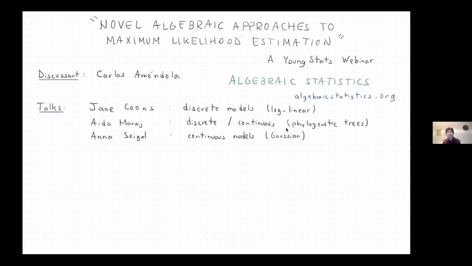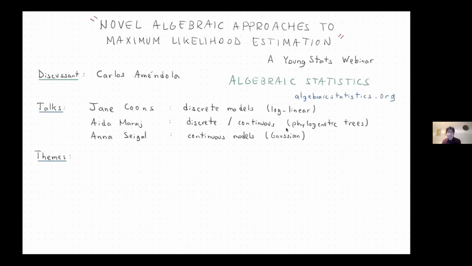There were some very nice doubly bipartite graphs with Jane, and then Aida showed us some nice trees, and Anna had these very nice pictures with the colored DAGs. So this is one way of seeing it. We can see there are both discrete and continuous models, and both of them are in the realm of algebraic approaches to maximum likelihood estimation.